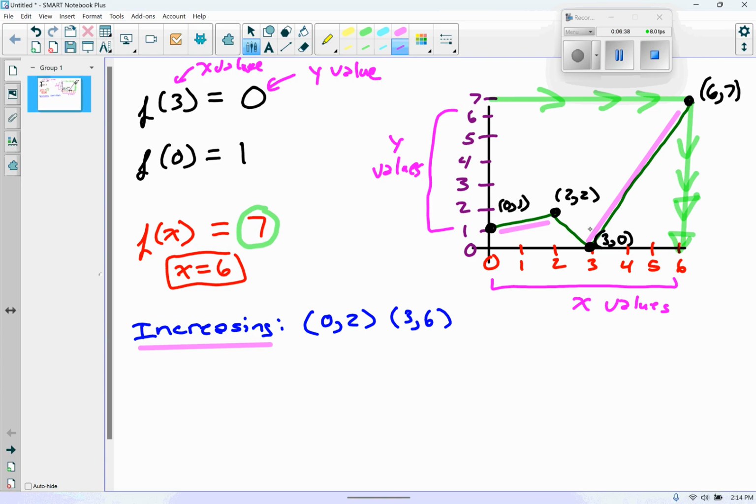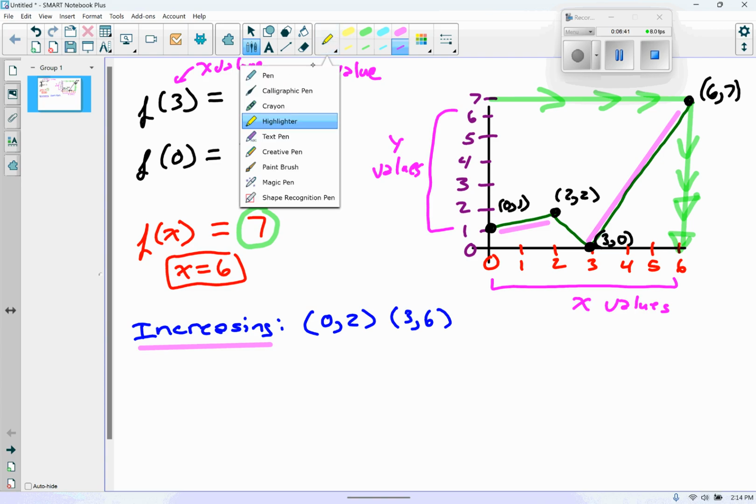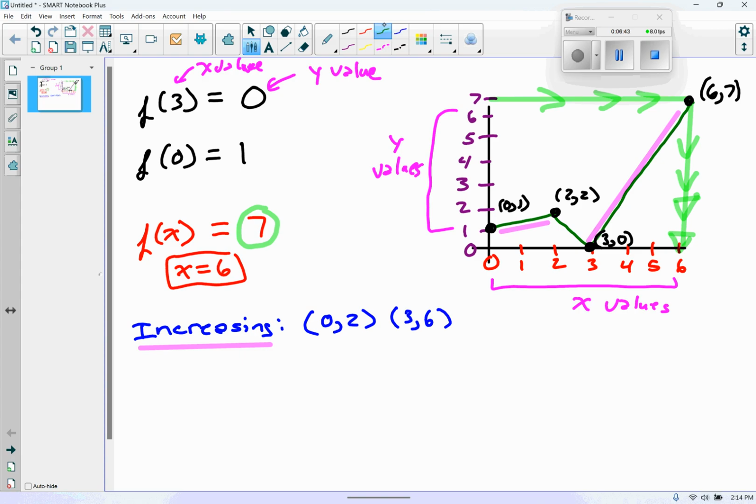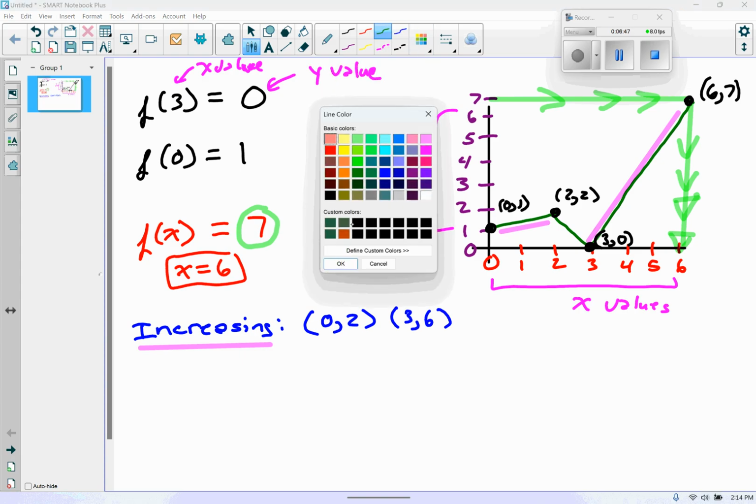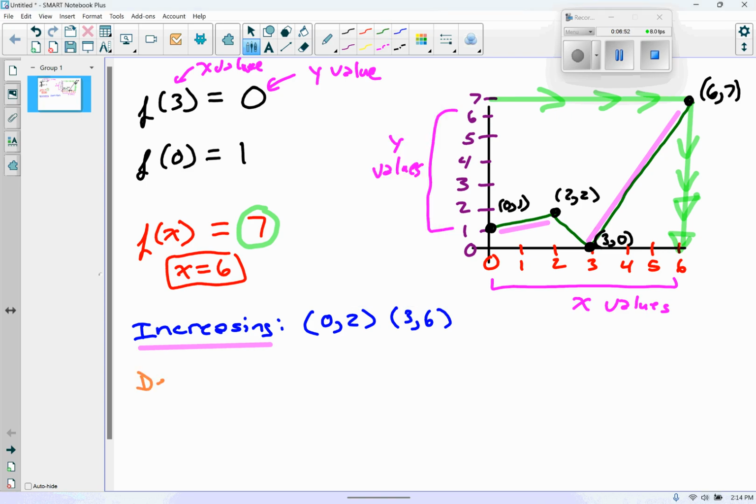That's like what we did on the quiz yesterday, right? So then, if they were to ask us, hey, where is this graph decreasing? Where does it appear that it's decreasing? 2 to 3. Okay, so you use the x value to talk about where it'd be decreasing. Okay?